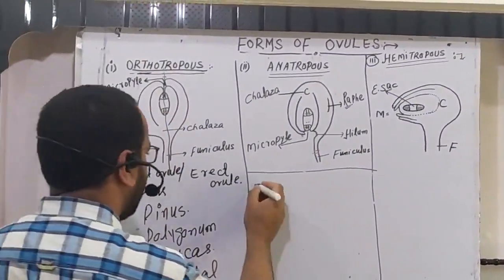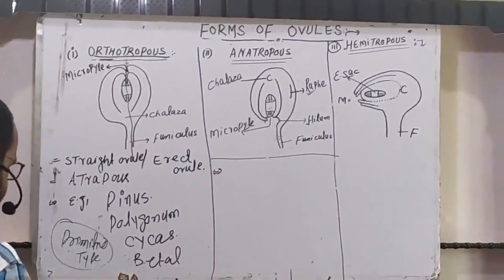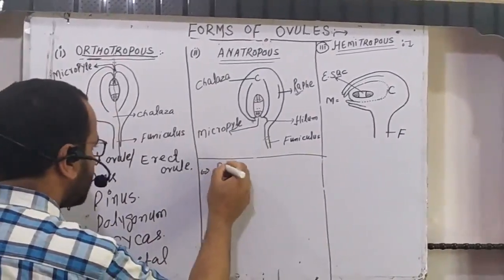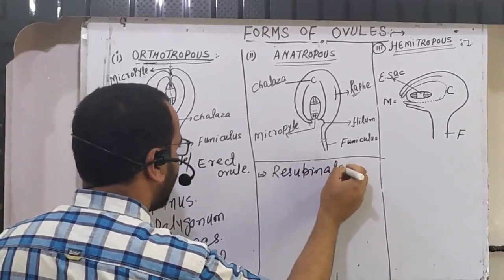Now, let us write it. Anatropous ovule. It is also termed as resupinate ovule. It is another name.